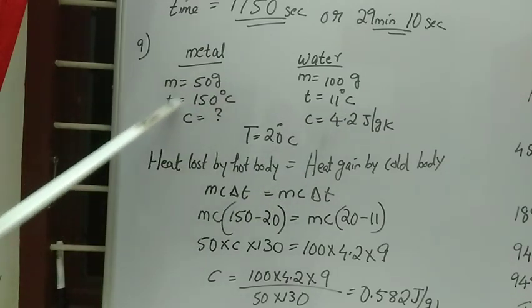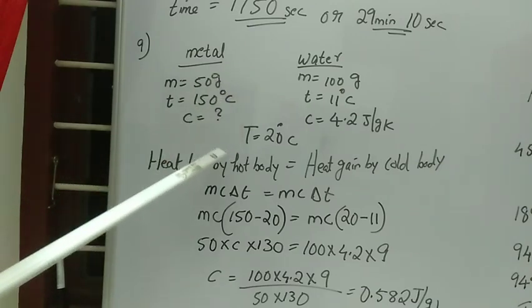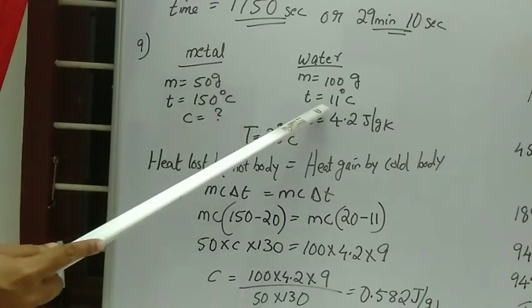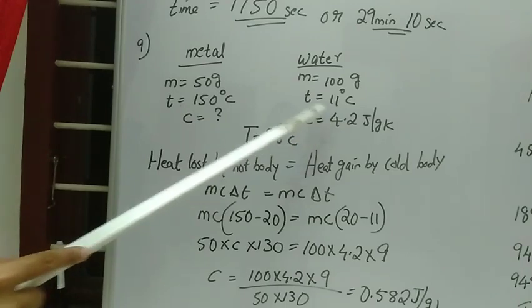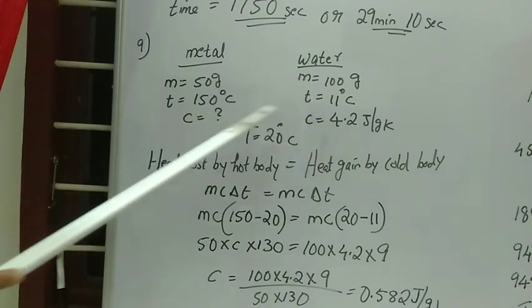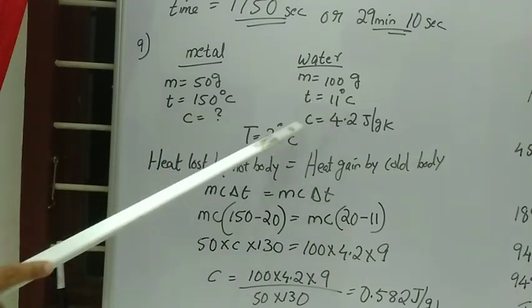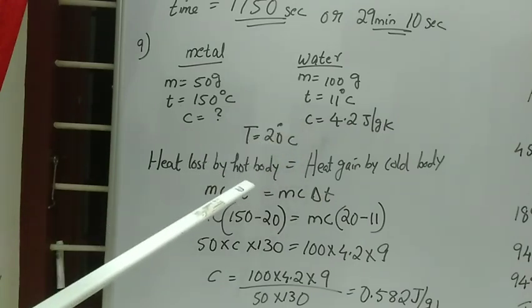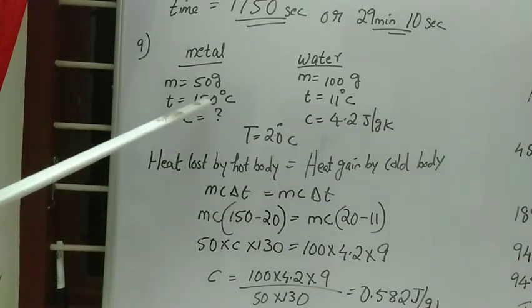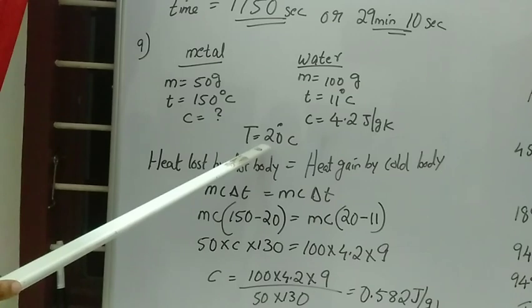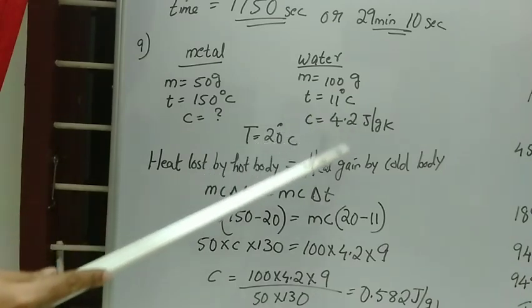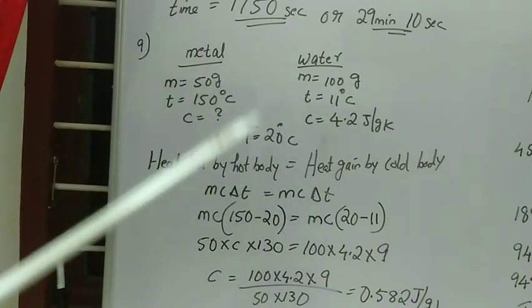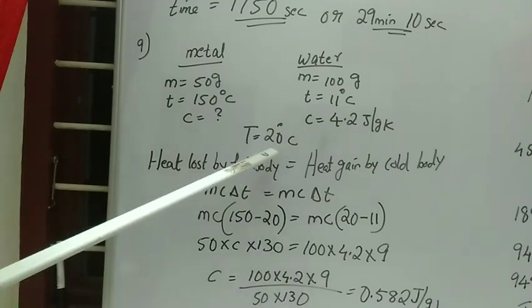The temperature of the metal will decrease and the temperature of the water will increase. Finally it will reach 20 degrees. That is, the 150 degree temperature will reduce to 20, 11 degrees Celsius increases to 20. So the final temperature will be 20.